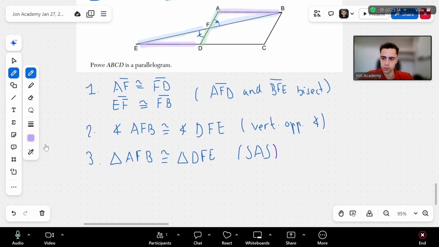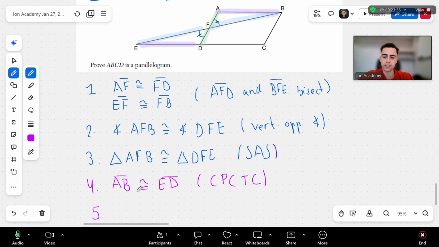So let's write it here. That will be AB congruent with ED. And the reason in brackets is going to be congruent parts of congruent triangles are congruent.